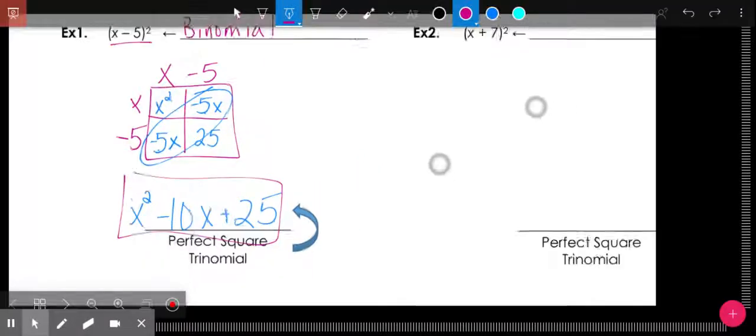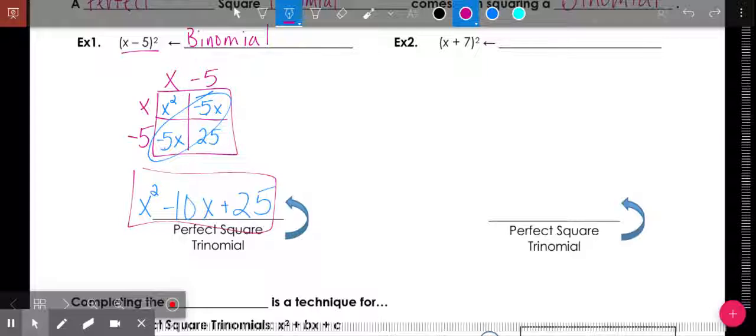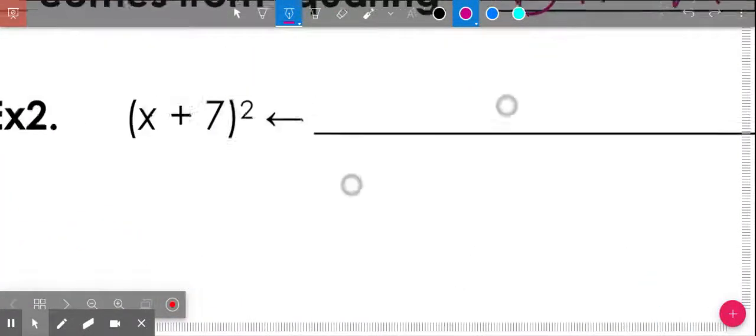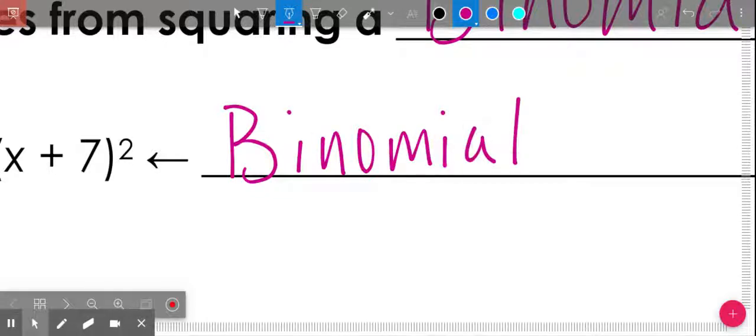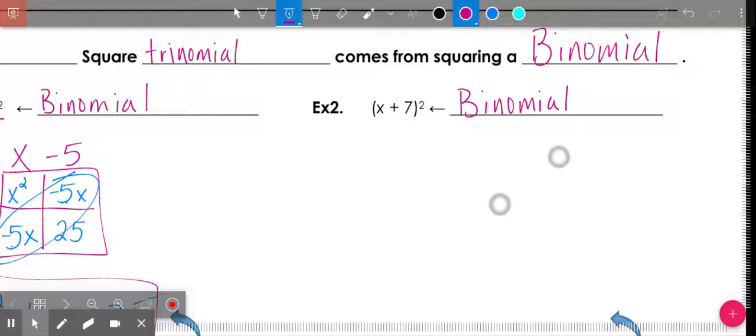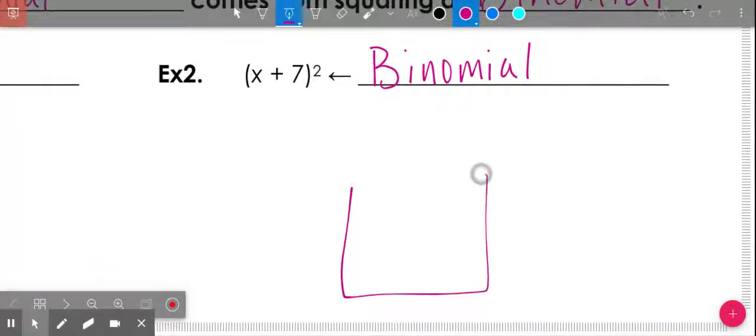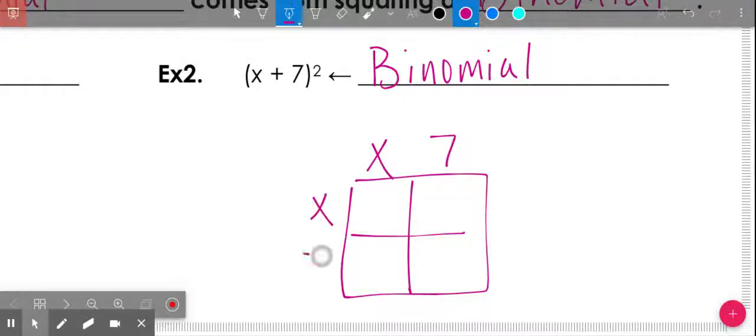We're going to do the same thing again. So I have x plus 7 squared. This is our binomial. So we're going to make our box and square it. I'll have x and 7, x and 7. X times x will give me x squared.